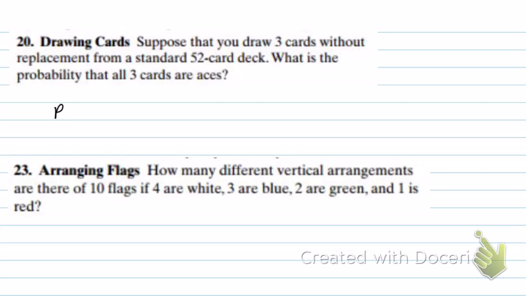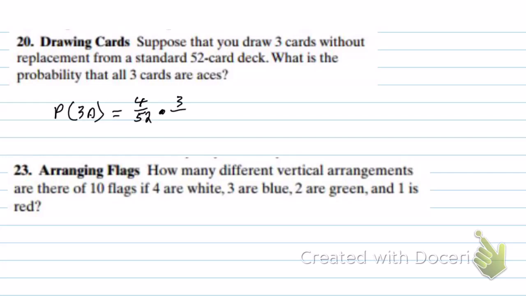So the probability of 3 aces, what's the probability of the first one being an ace? 4 out of 52. Now then, once that card's drawn, given that I got an ace on the first one, this is conditional probability, right? Given that I got an ace on the first one, what's the probability of getting an ace on the second one?